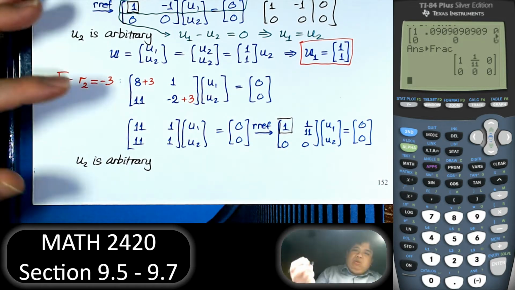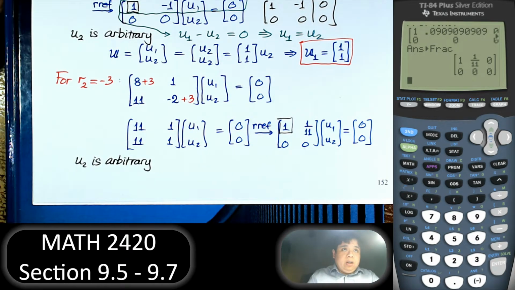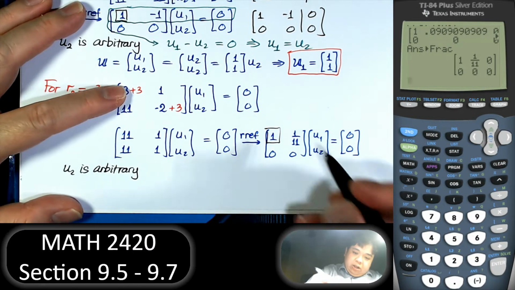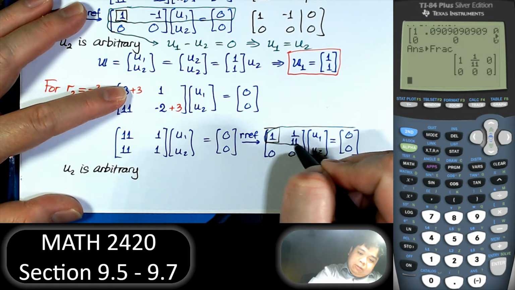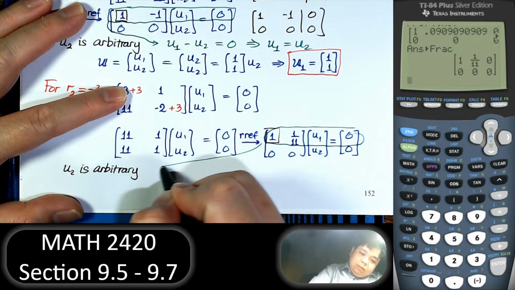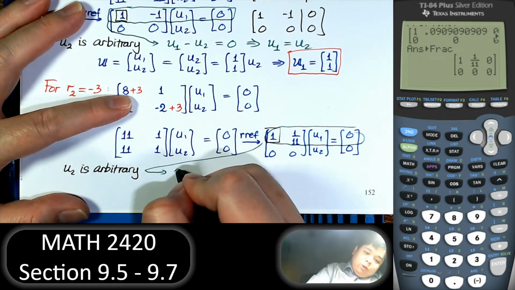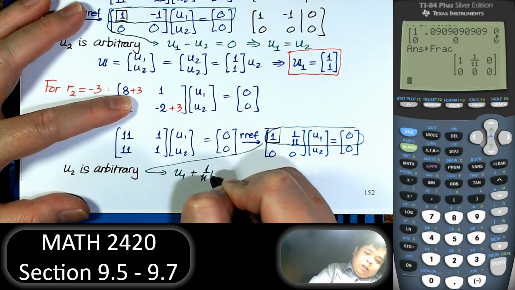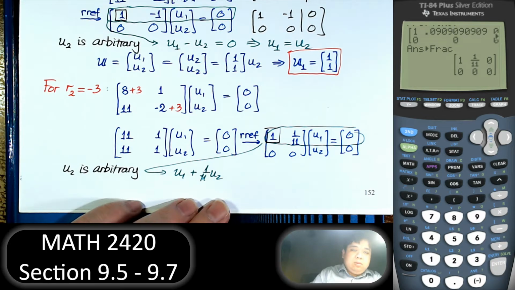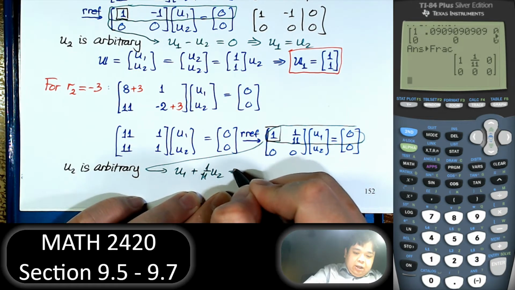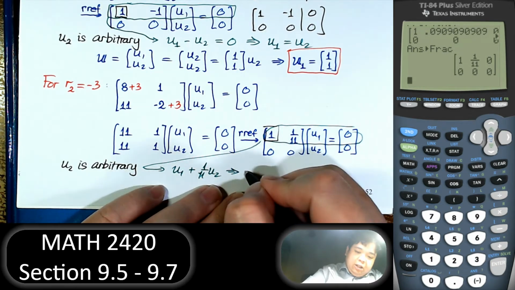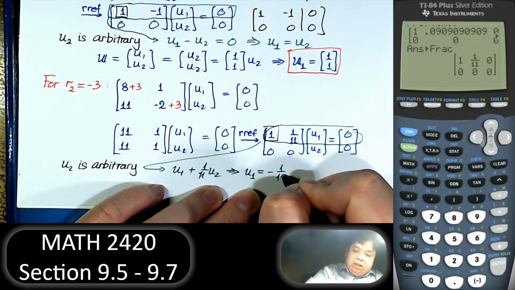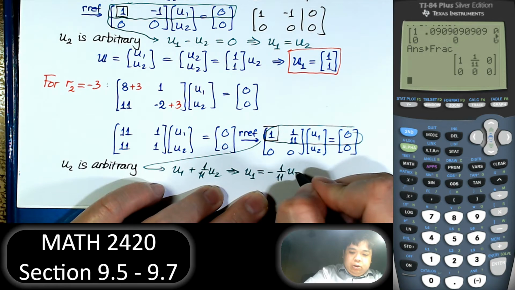We can choose just 1 if we want to. U1 is arbitrary. And then from the first equation, we have U1 plus 1 over 11 U2. So we can say U1 is equal to -1 over 11 U2.